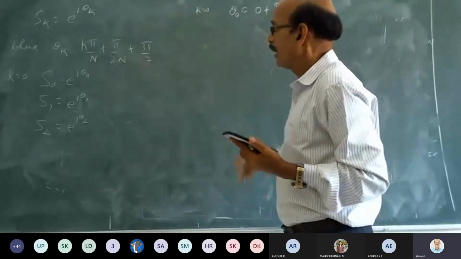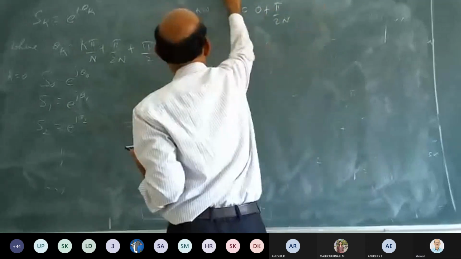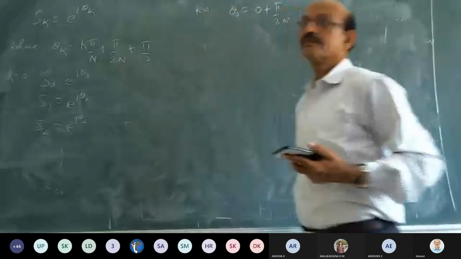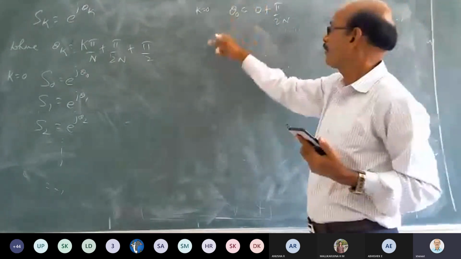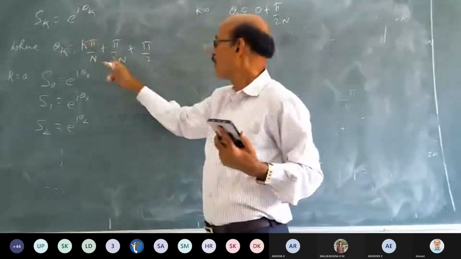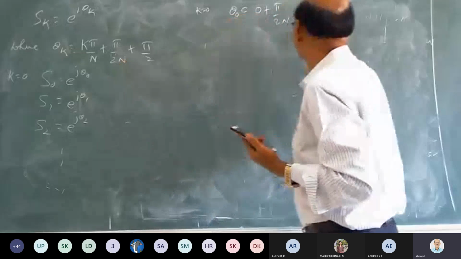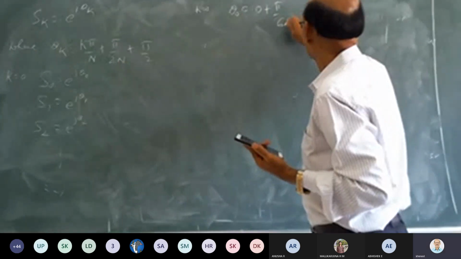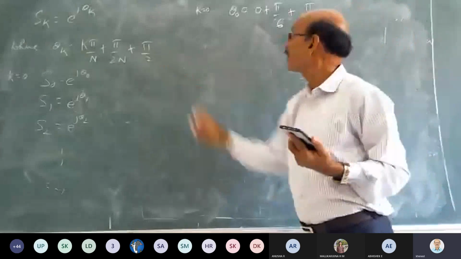Let us also select the n value, n equal to 3. For n equal to 3 and k equal to 0, the first term is 0. What about the second term? Pi divided by 2 into 3, that is pi by 6, plus pi by 6, it's a constant.